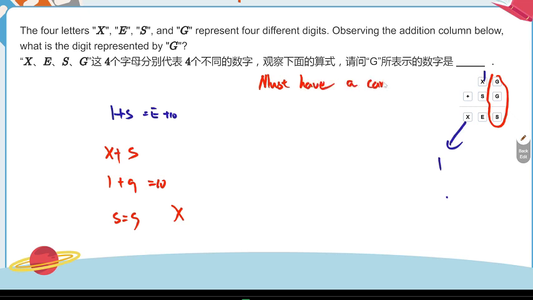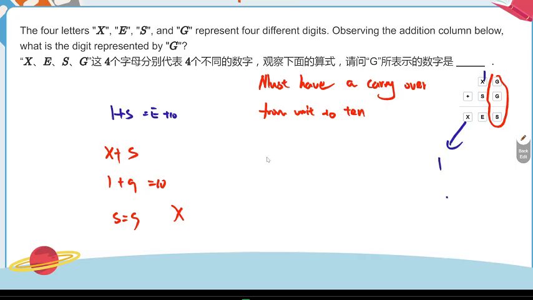We must have a carryover from the unit to the tens.